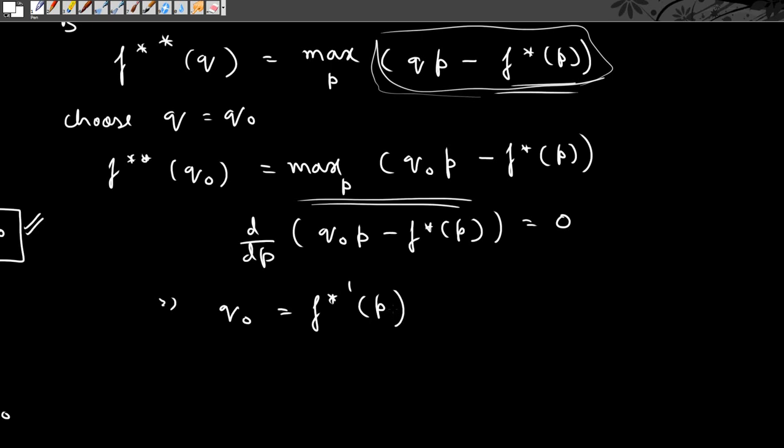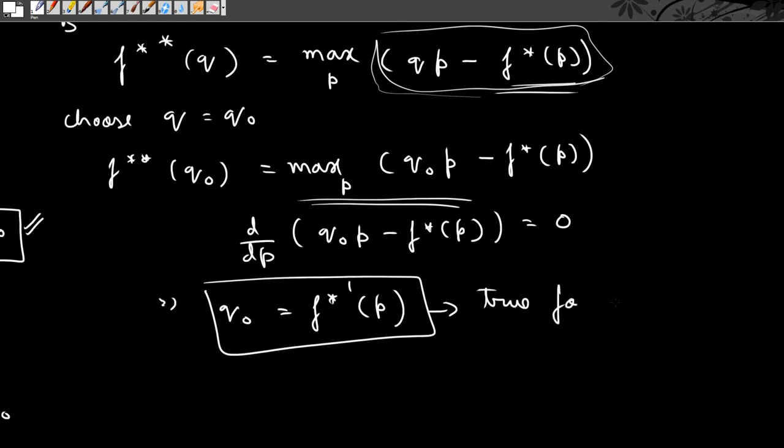So the corresponding value p naught. This will be true for some p naught. So f star dash of p naught should be equal to q naught. That is, p naught is the value of p where this relation is satisfied.